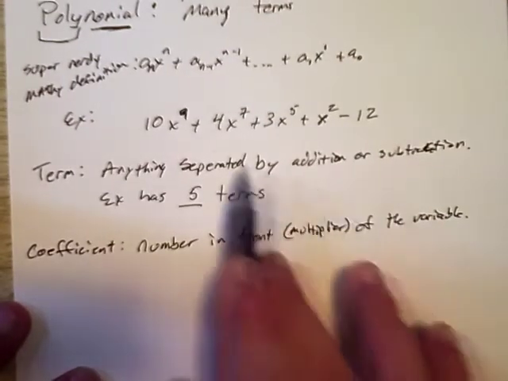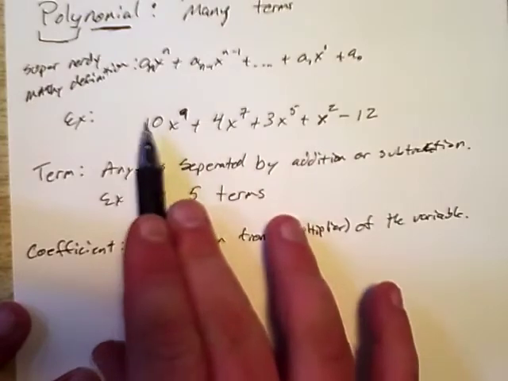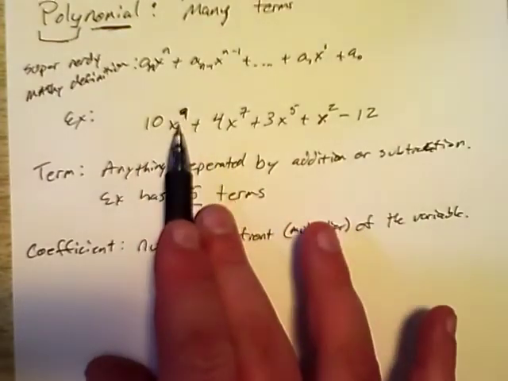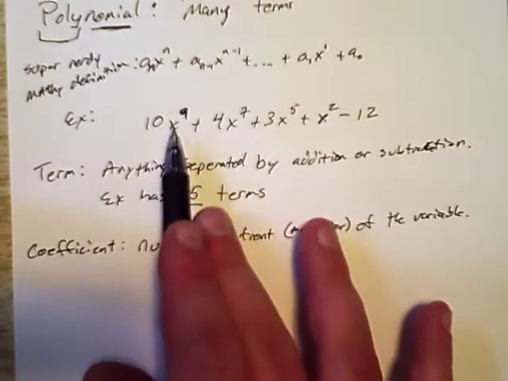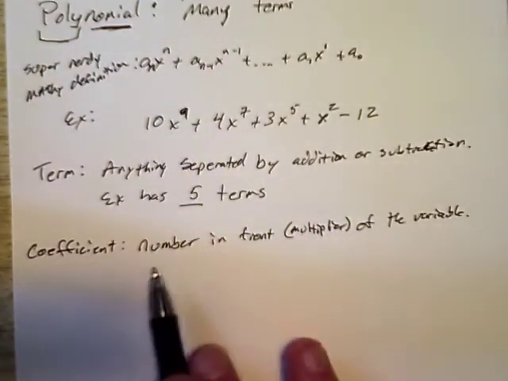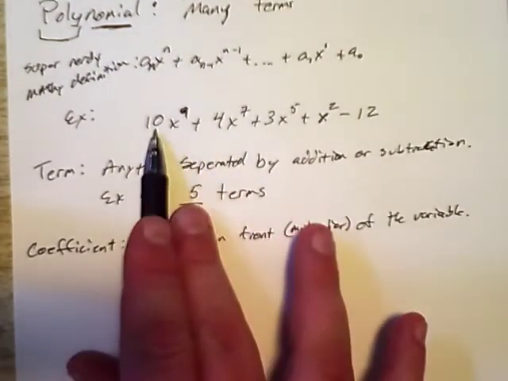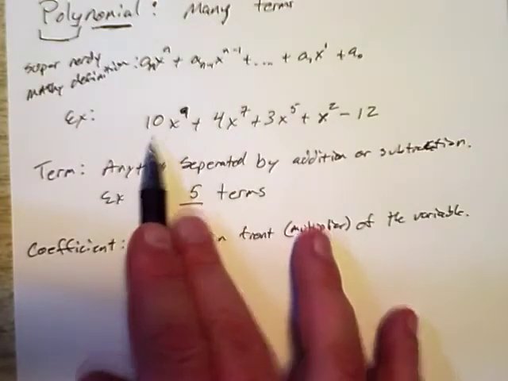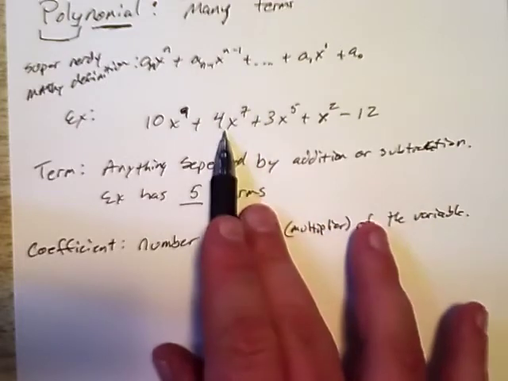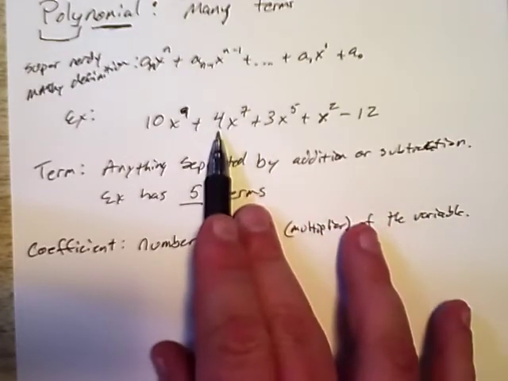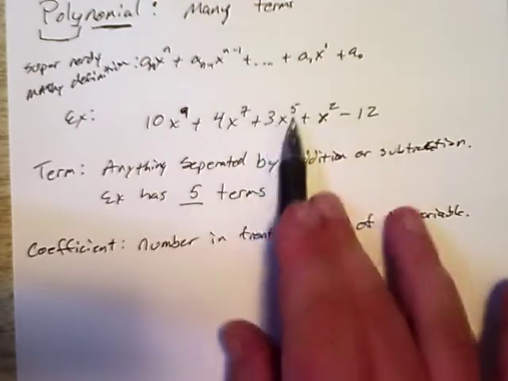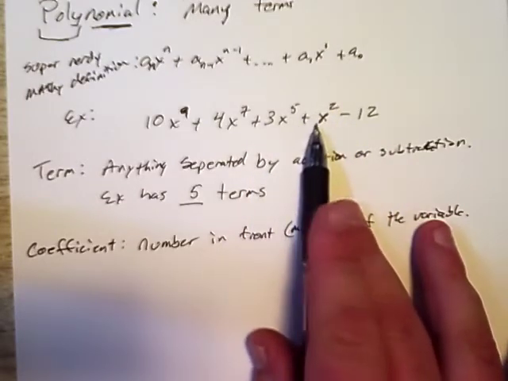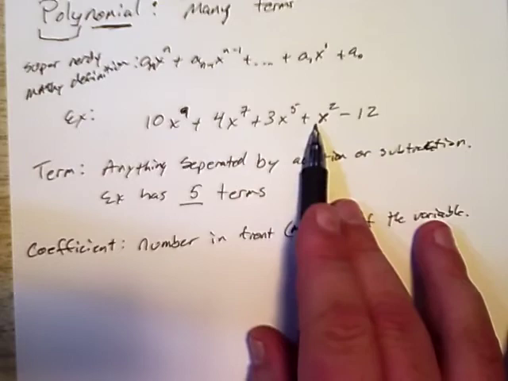So let's take a look at the first term. The first term is 10x to the 9th power. The coefficient, the number in front of the variable, would be 10. The coefficient of the second term would be 4. The coefficient for this term is 3. The coefficient here, there's not a number there, but we know it to be 1.